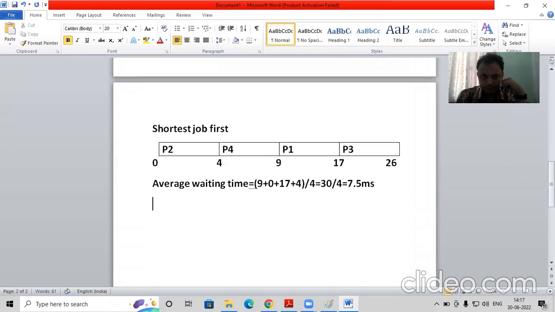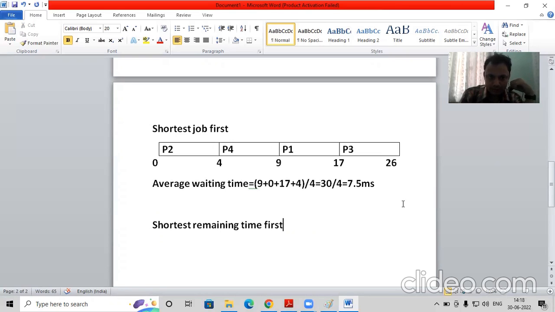Next algorithm. Along with shortest job first, we can add another parameter, that is shortest remaining time first.